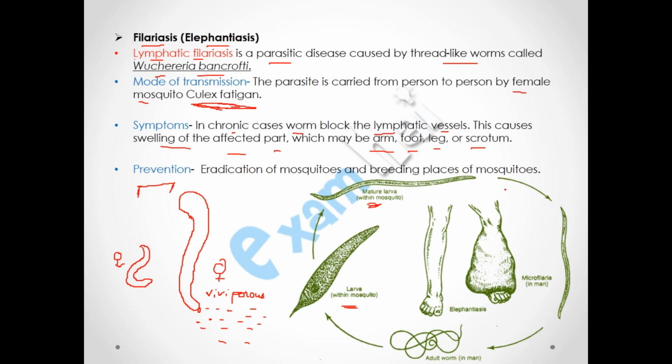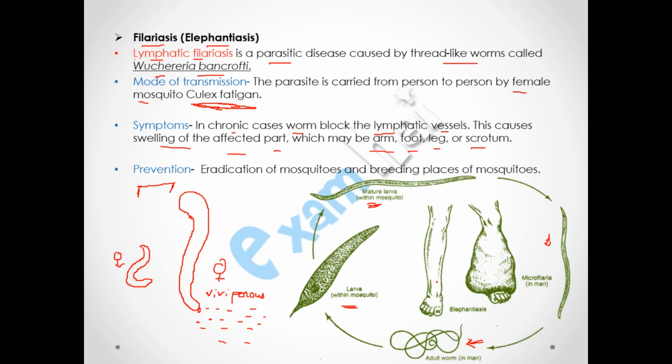So inside the healthy person, again the whole process is repeated. These larvae get mature inside the lymphatic vessel of that healthy person, and after copulation again the worms are released inside the lymphatic vessel, which is again taken up by the mosquito, and hence the cycle is repeated.